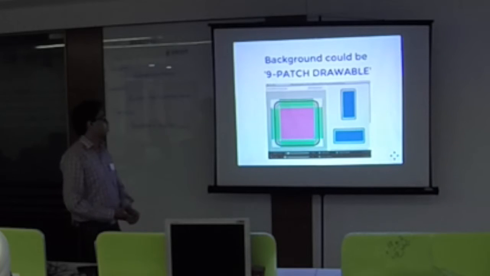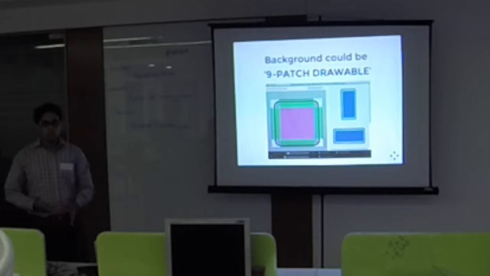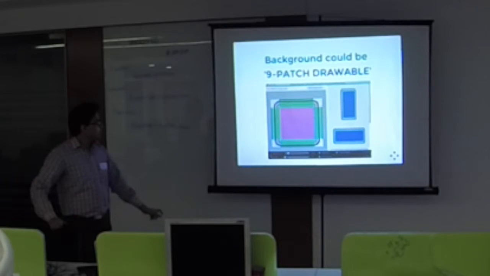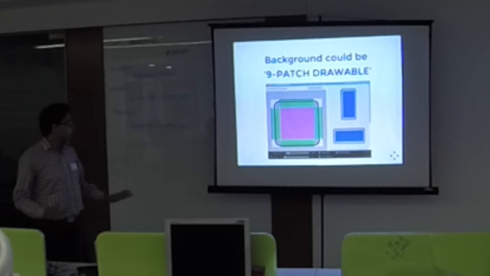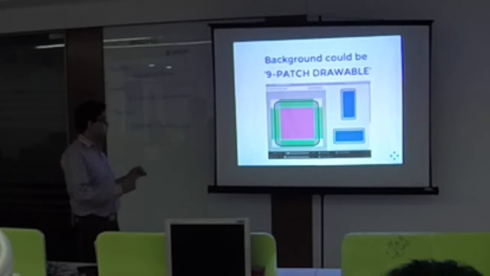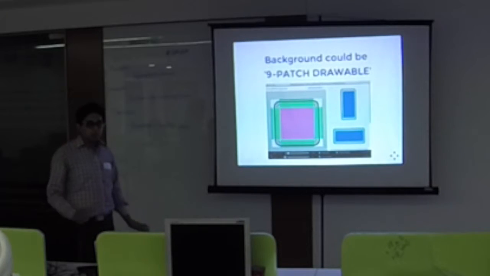Background could be 9-patch drawable. So 9-patch drawable is an Android specific term. It's a specific drawable in which we can provide the stretchable area in both the directions, in x-axis and in y-axis, and we can leave out few areas, few patches which won't scale when the drawable will be scaled.